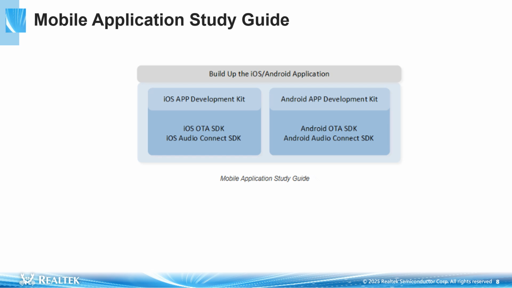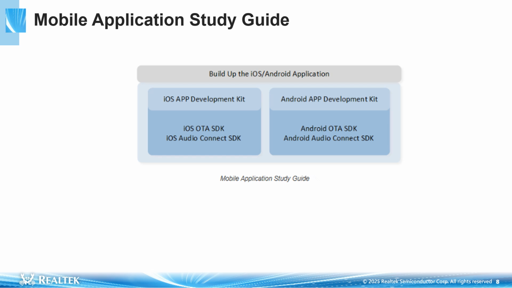Audio Connect application. The Audio Connect application is designed to facilitate effective communication with Bluetooth audio devices, covering functionalities such as displaying device information, for example, name and battery level, modifying device names, adjusting voice prompts, performing OTA updates, and optimizing equalizer parameters.